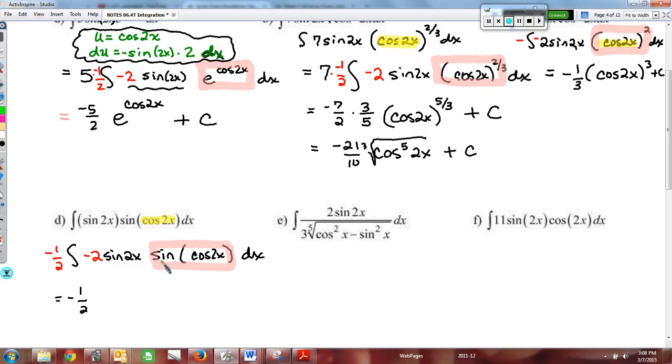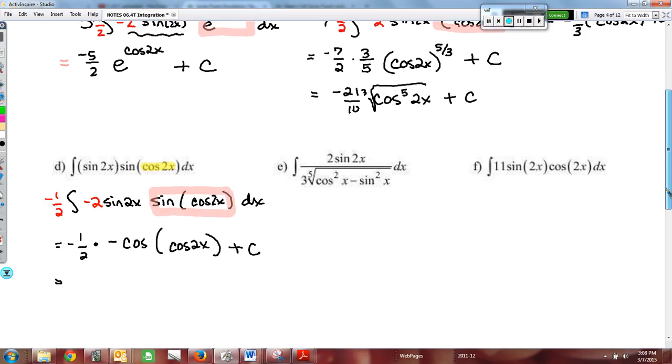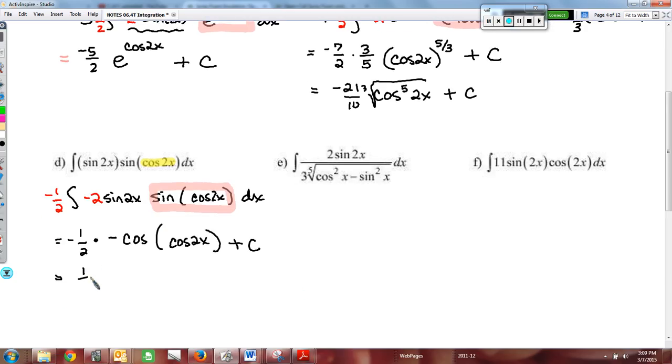The antiderivative of sine is negative cosine, because the derivative of cosine is negative sine. So the antiderivative of positive sine has to be negative cosine of u, plus c. And then if you want, you can just fix your constants, and so we have a negative times a negative, 1/2 cosine of 2x plus c.